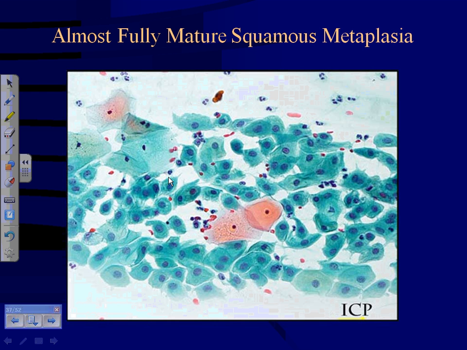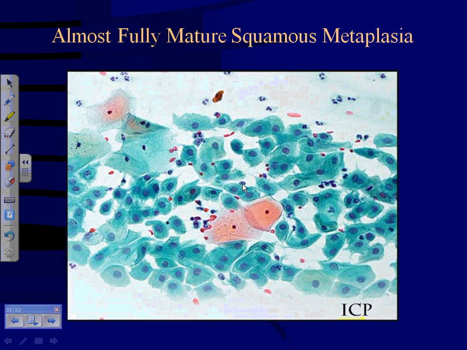So this tells me we're at the transformation zone, whether or not there's endocervical cells present. Because remember, where do these cells come from? Endocervical cells that have undergone transformation. So that tells me that we're at the transformation zone.